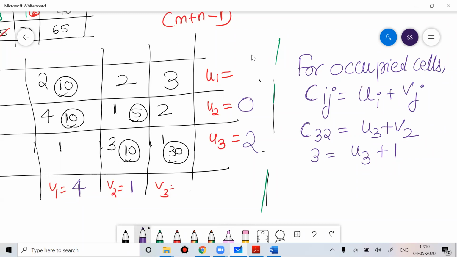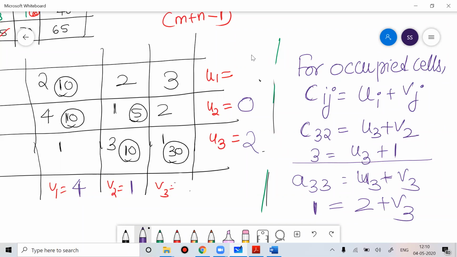So once you get the U3 value, you can find the value of V3. If you take C33, you will get U3 plus V3. C33 is 1, U3 is 2, so V3 value would be minus 1. This is clear. So I found the value of everything.